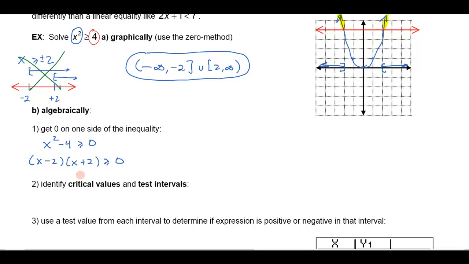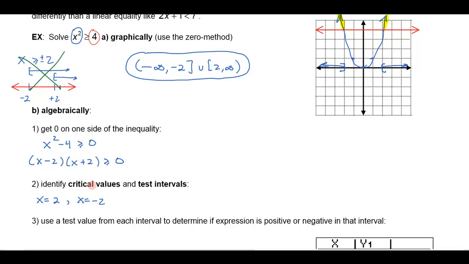Once you have it factored, the zeros, the x-intercepts, the values of x that make this equal to 0, are going to be called critical points. So x equals 2 and x equals negative 2 are solutions of the quadratic equation.